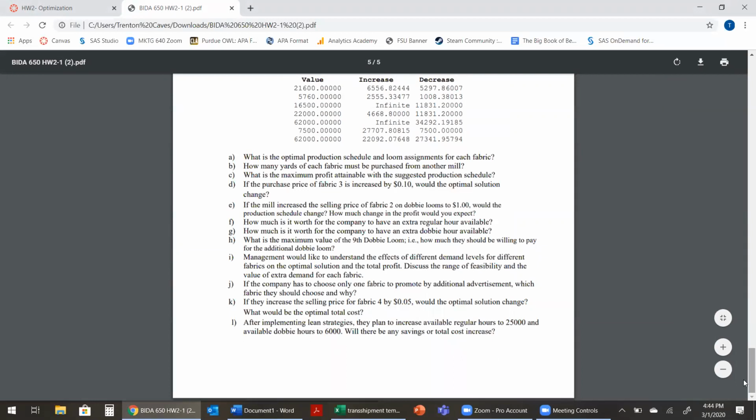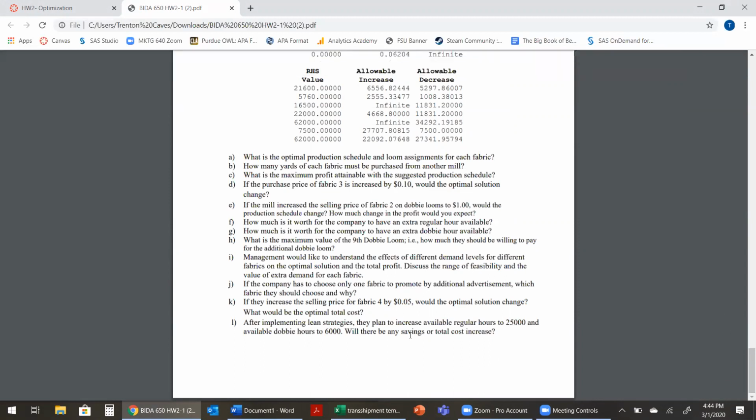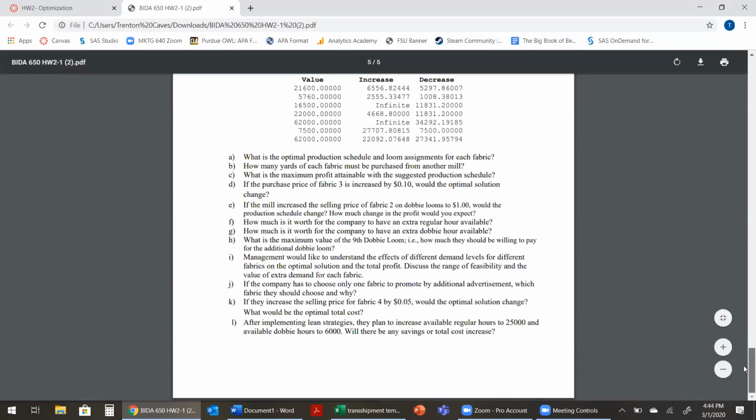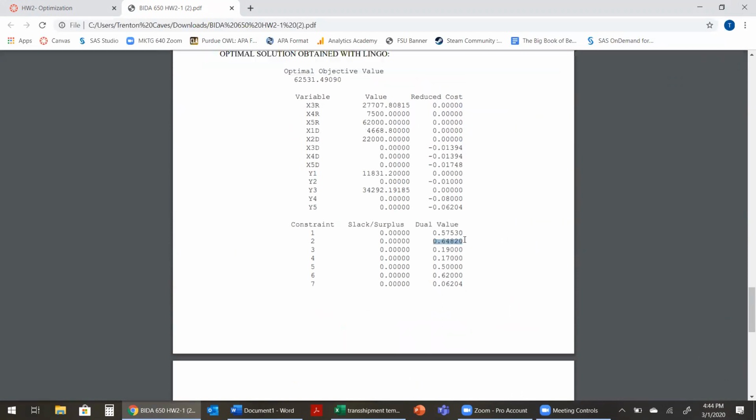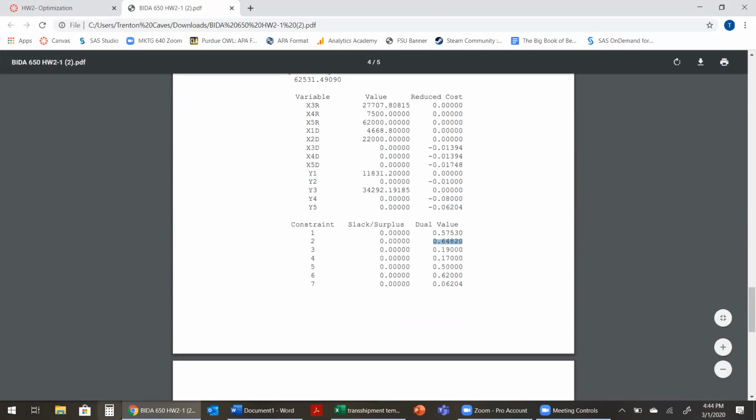So it does not change our optimal solution. It increases our profit by that total amount. I'm sorry, the second part is 240 times 0.6482. Okay. How did you get the 155 again, please? 240 times 0.6482.